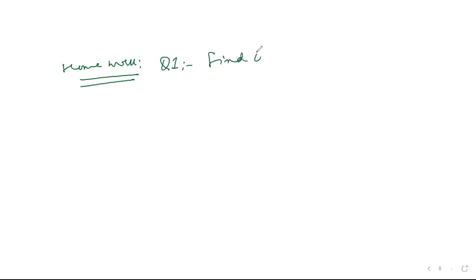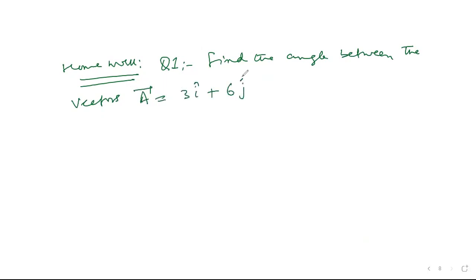Find the angle between the vectors A equal 3i minus 6j plus 9k and B equal to minus 2i plus 3j plus k. This first question.